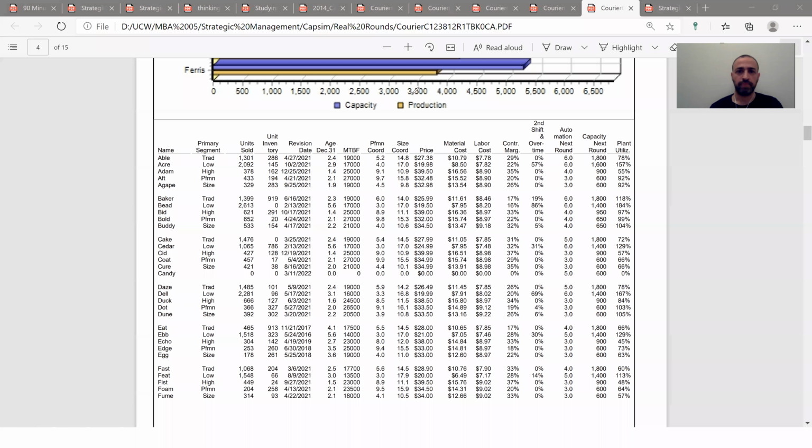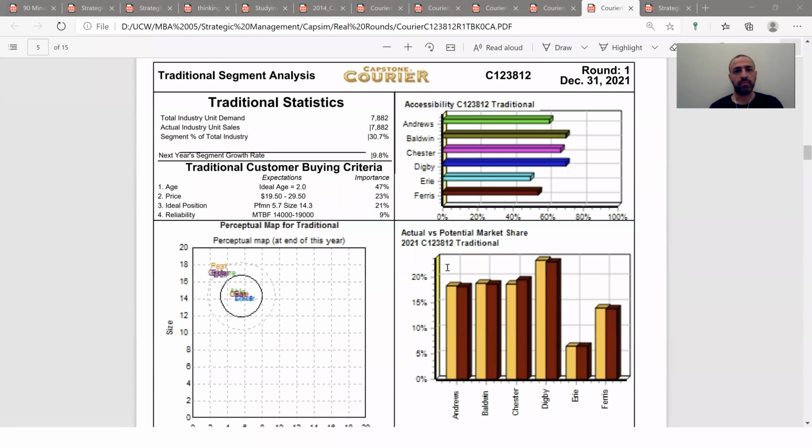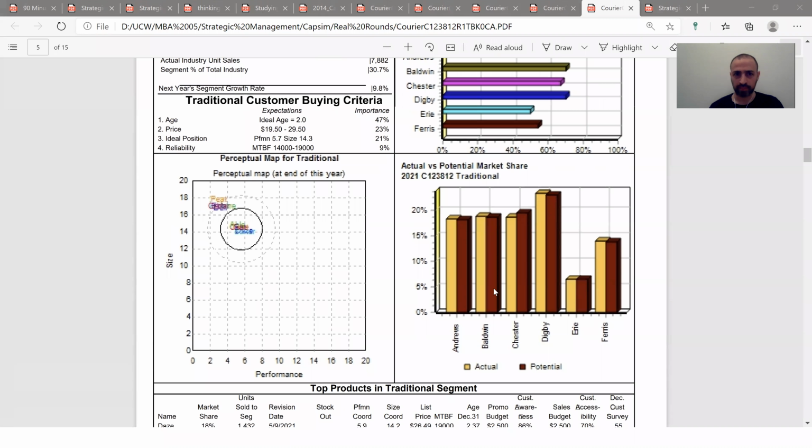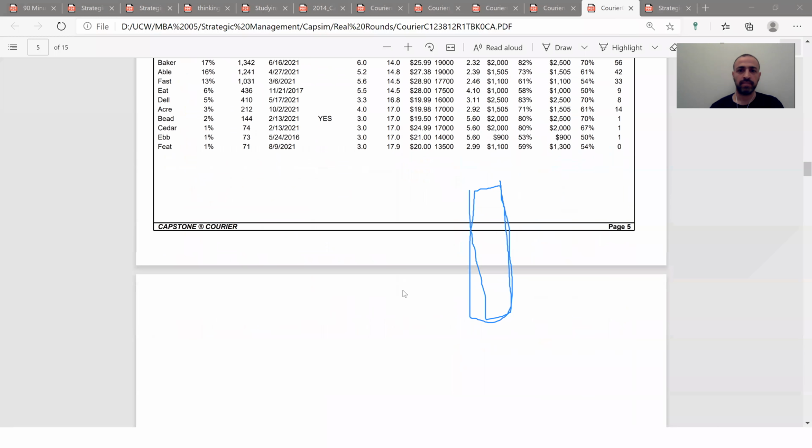And also, everything is clear here except the traditional, that the B, the Baldwin, except this one, that we hope we can do well in other segments.